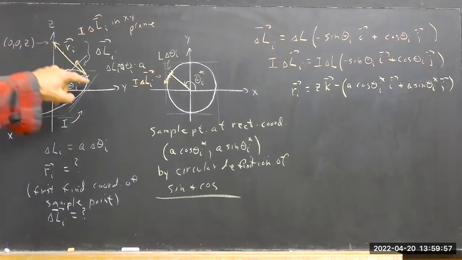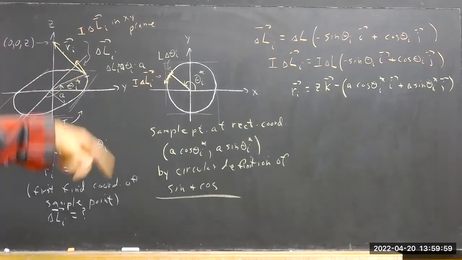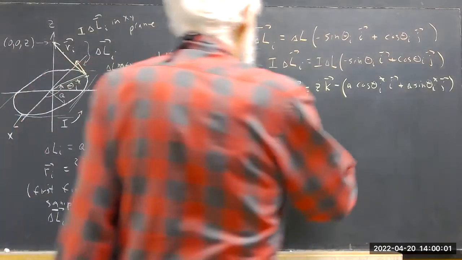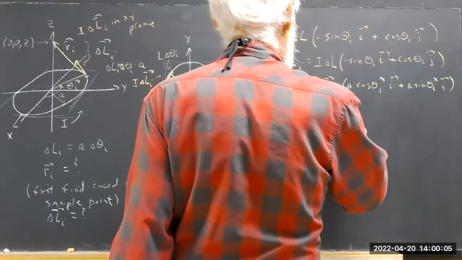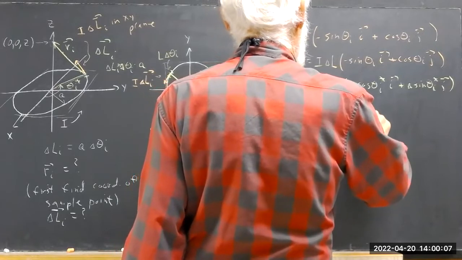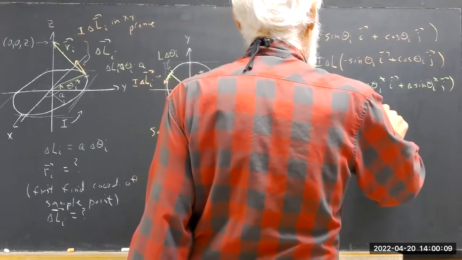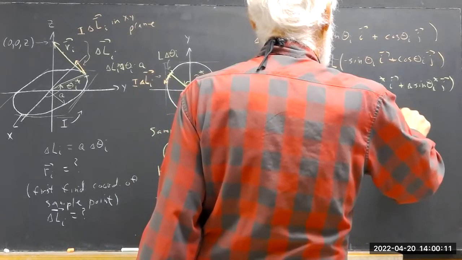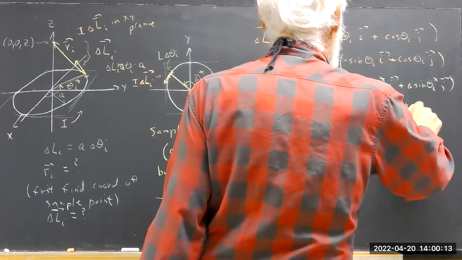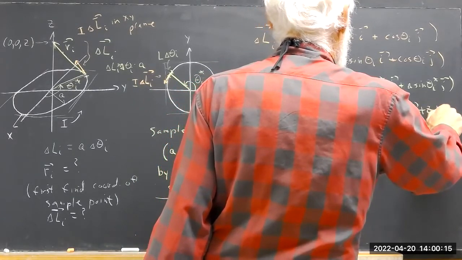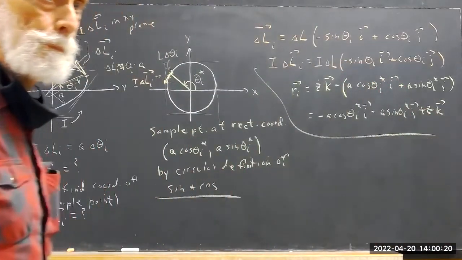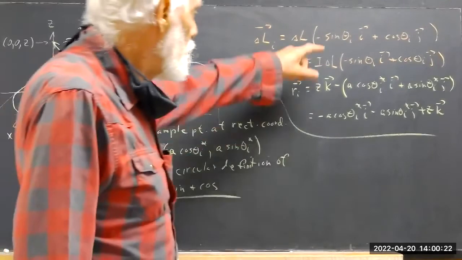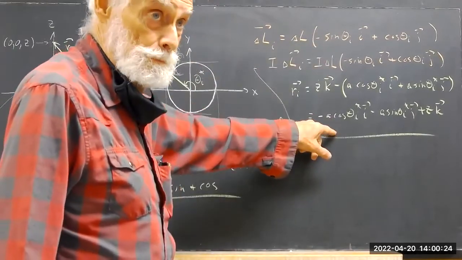It's where you end up minus where you start. And that's just this. Now, what's the cross product of this vector with this vector?